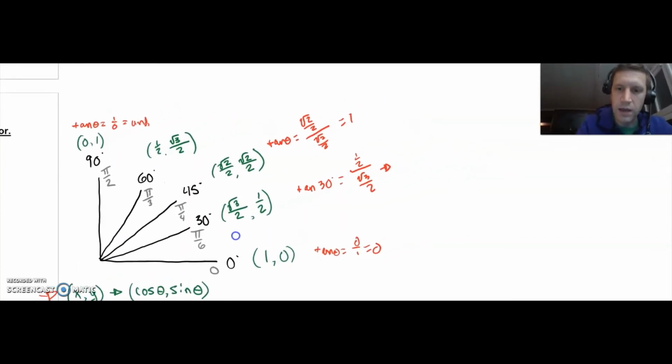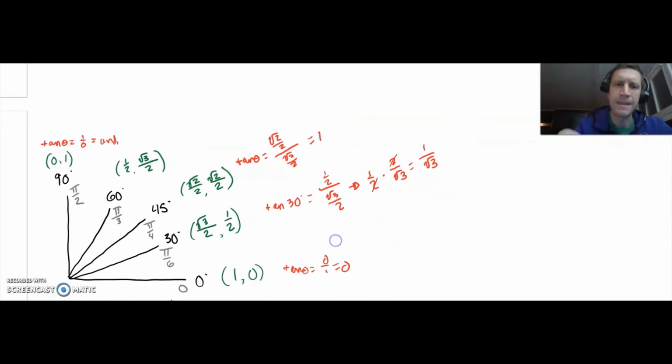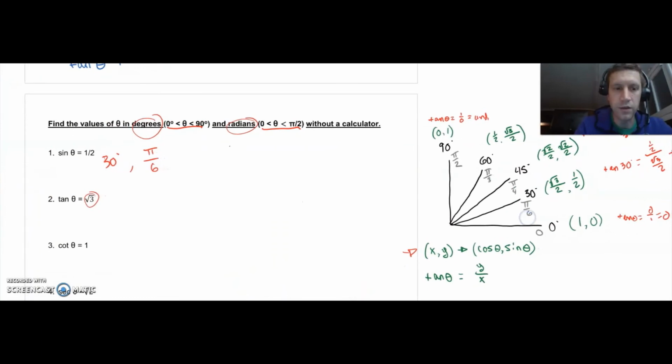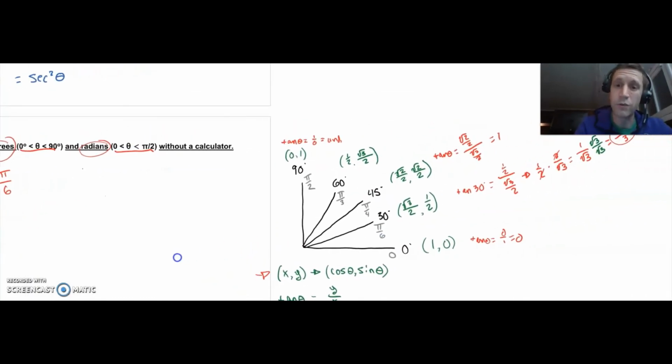Well, instead of dividing by that fraction, we'll do 1 over 2 times the reciprocal, right? 2's are gone. 1 over root 3. I need to rationalize, which is going to give me root 3 over 3. Okay, so tangent of 30 is not root 3. It's root 3 over 3.